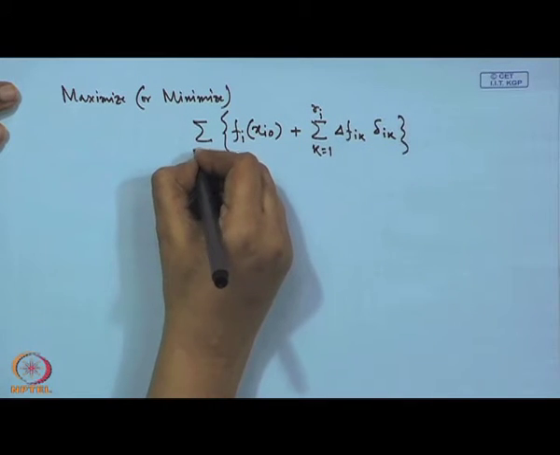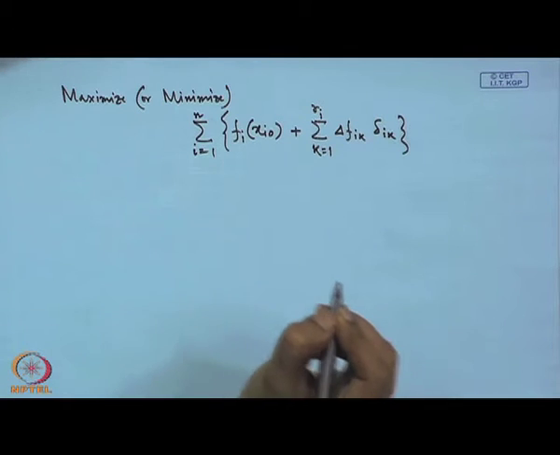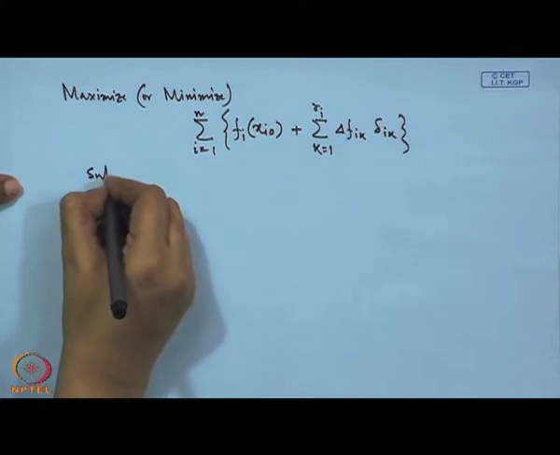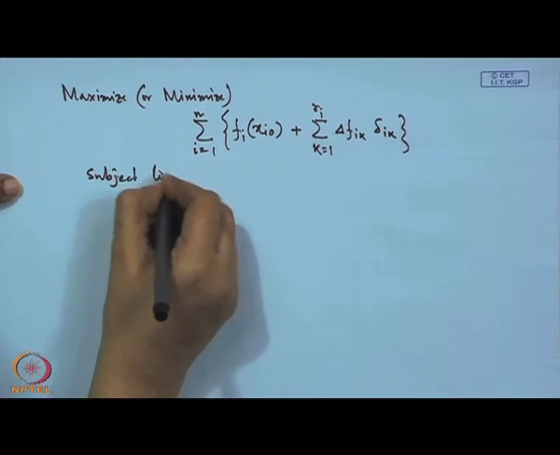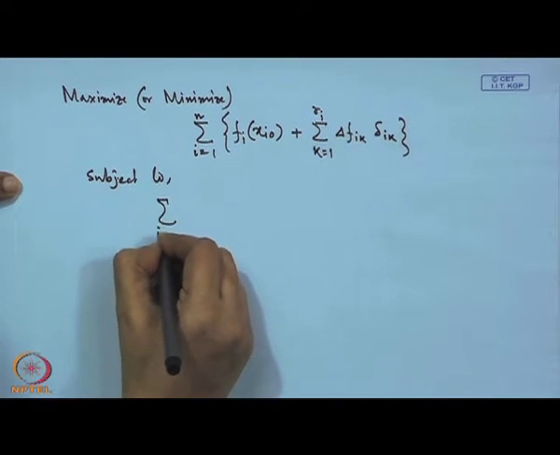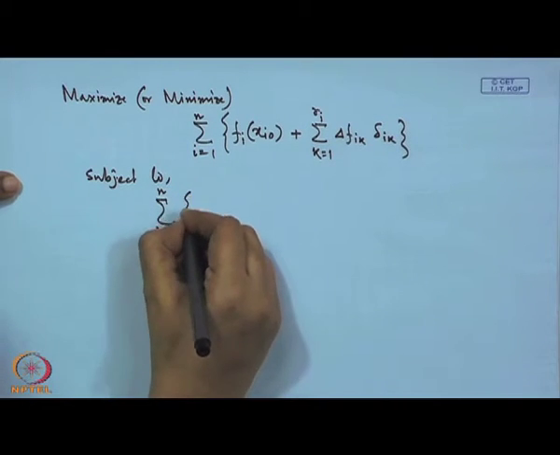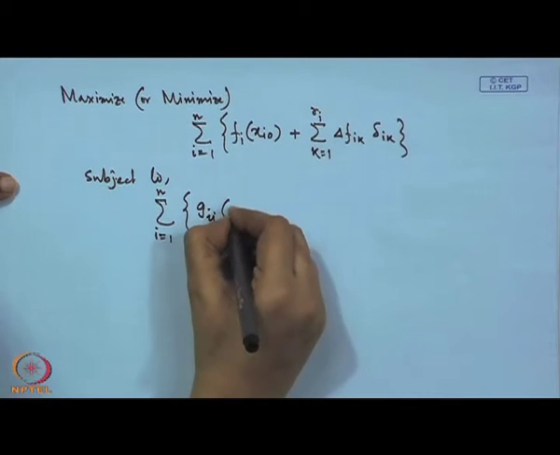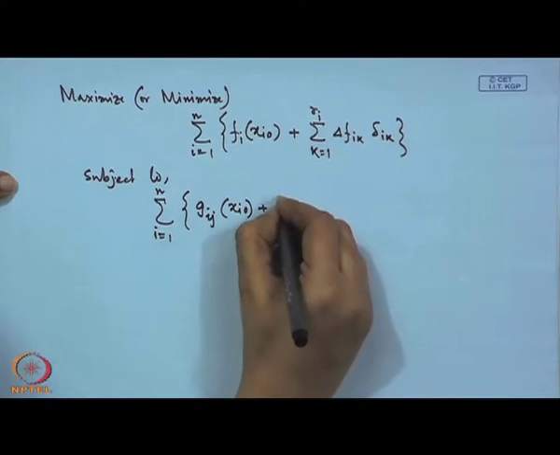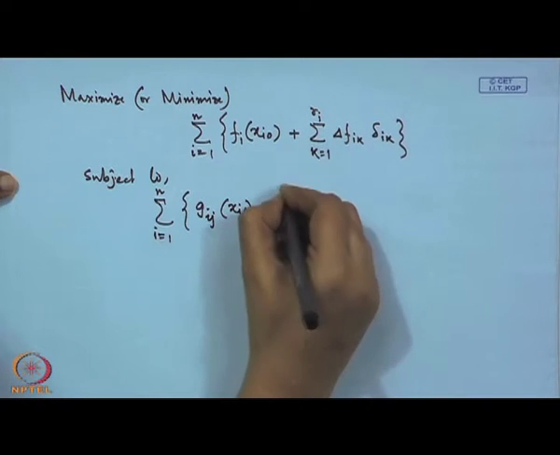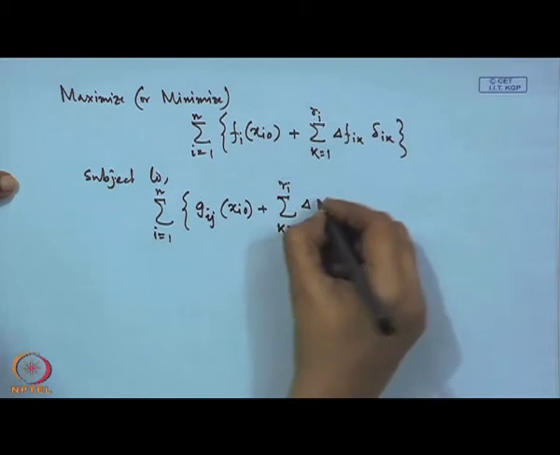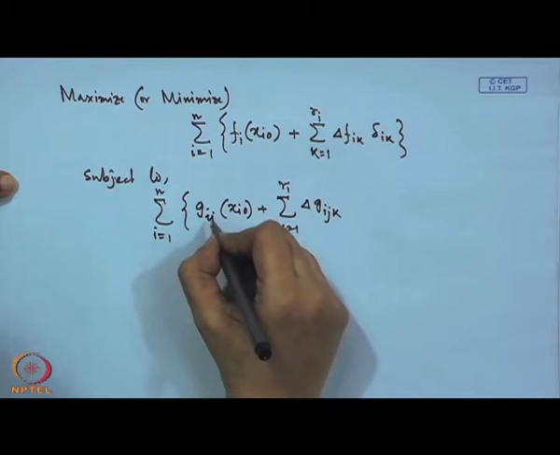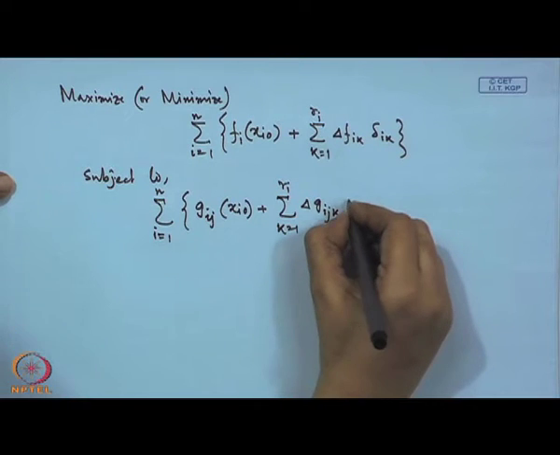Since there are n decision variables, this is for i is equal to 1 to n, and subject to the condition, the summation over i is equal to 1 to n, and the individual constraint functions in a similar way I can write down as g ij of x i0 plus the summation over k is equal to 1 to r i of delta g ijk. We consider the constraint function at the individual grid points.